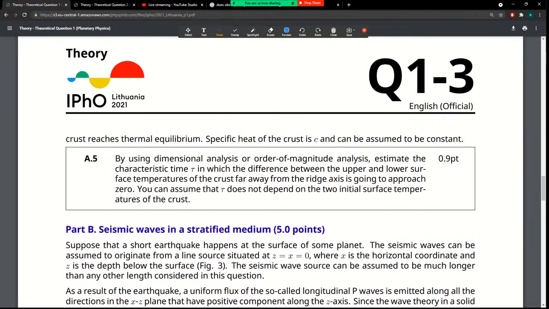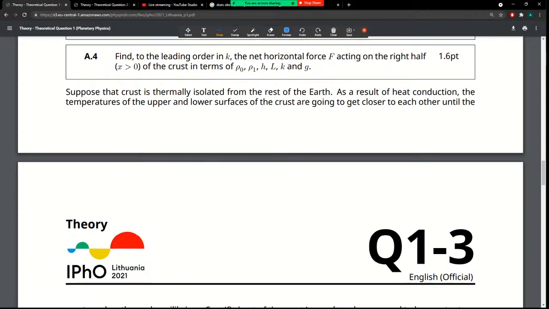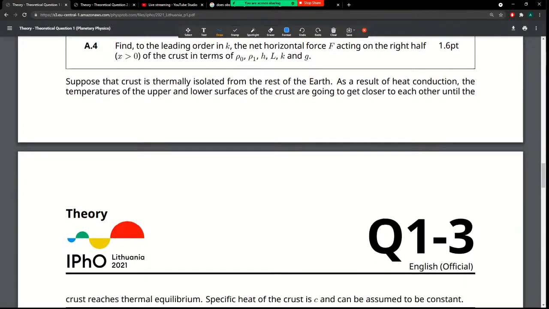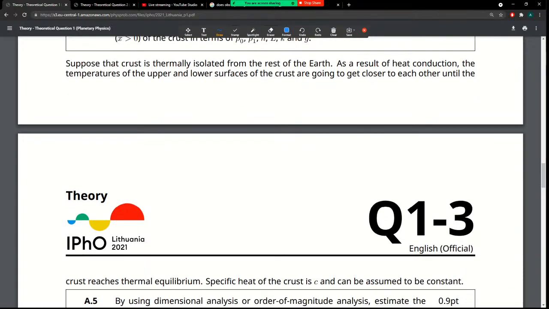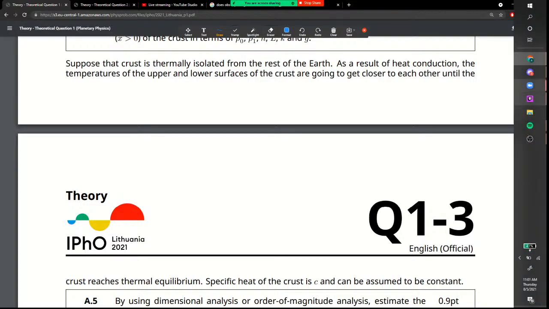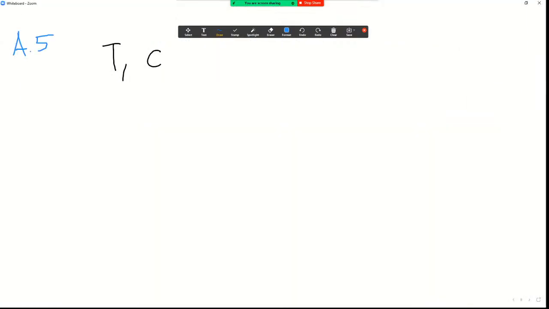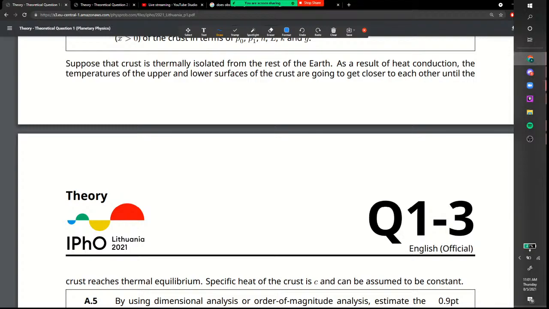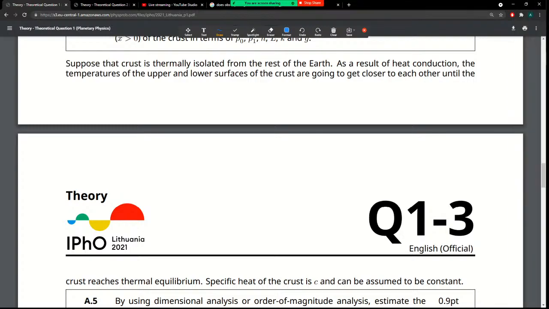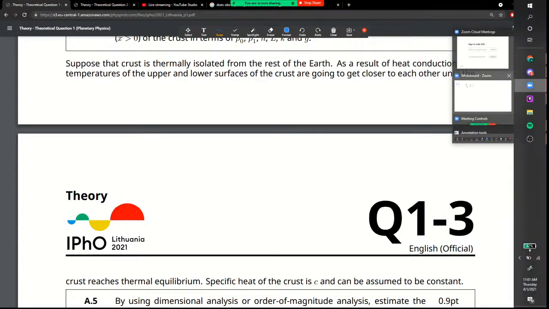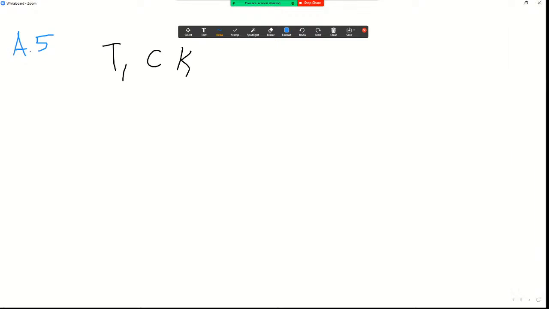You can say also dependent on specific heat, since it says it here. Yes. So C. Also, since it says heat conduction, maybe thermal conductivity. I don't know. Yes, kappa. What else?